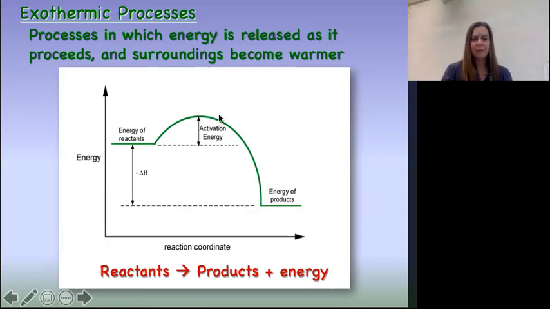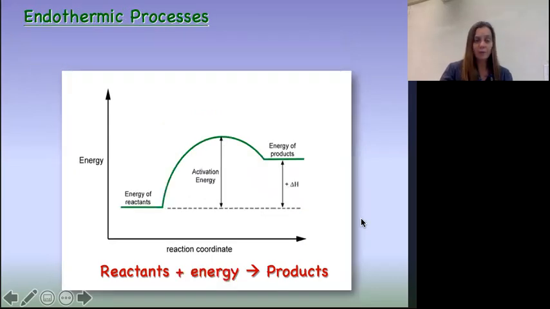So reactants, activation energy, energy of products. And if we were to draw our activated complex, we would draw it right up here at the peak of this hill. So when we get to the activated complex, we have reached the activation energy. An endothermic process, our map looks much the same, just sort of the opposite direction.